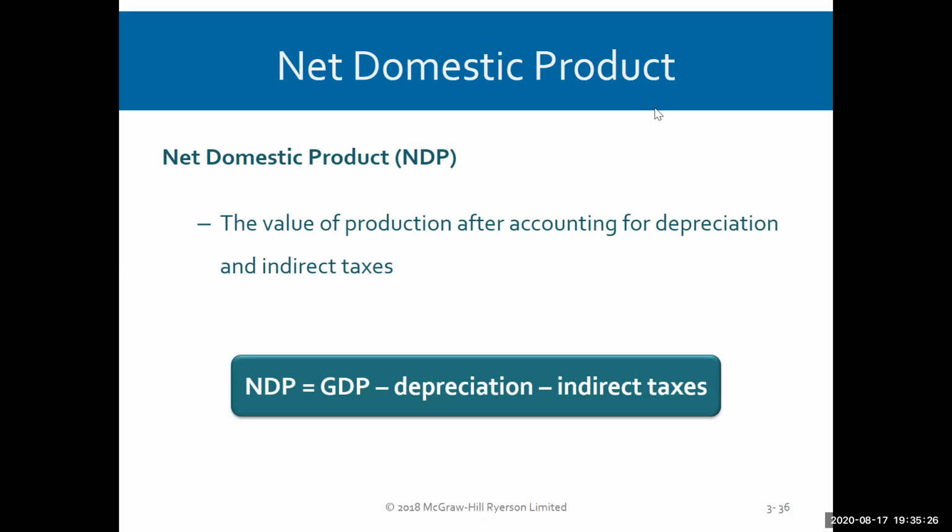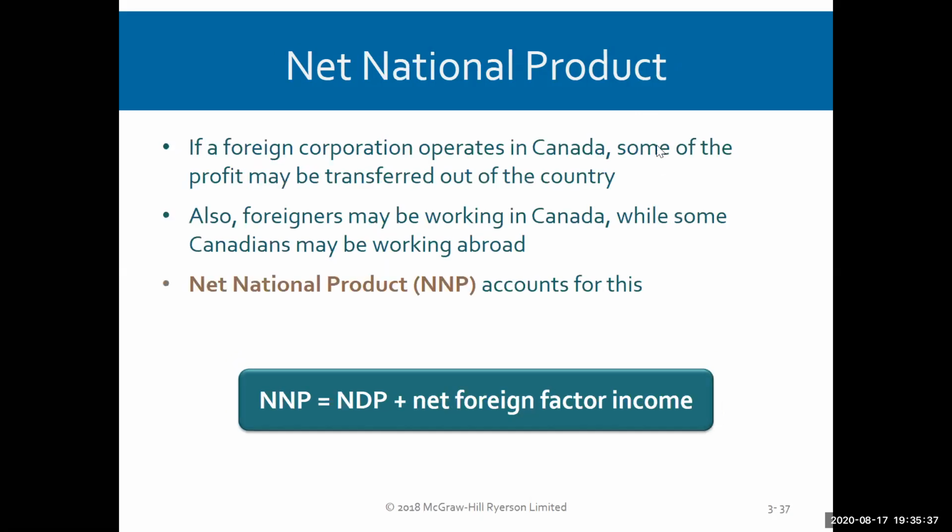So maybe we just want to look at what Canadians and Canadian companies, the nationals, are doing. So we're going to calculate something called net national product. As a recap, if a foreign corporation operates in Canada, some of the profit may be transferred out of the country. And if a Canadian corporation operates outside of Canada, some of the profit is transferred into the country.